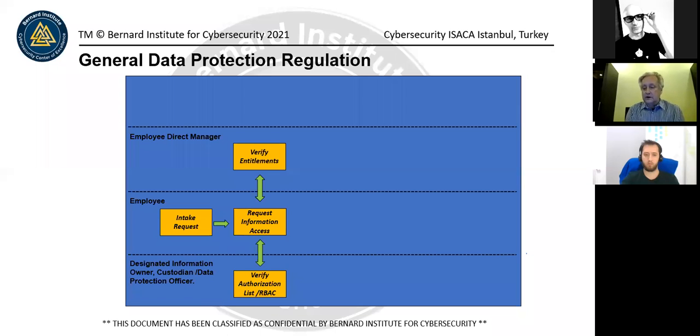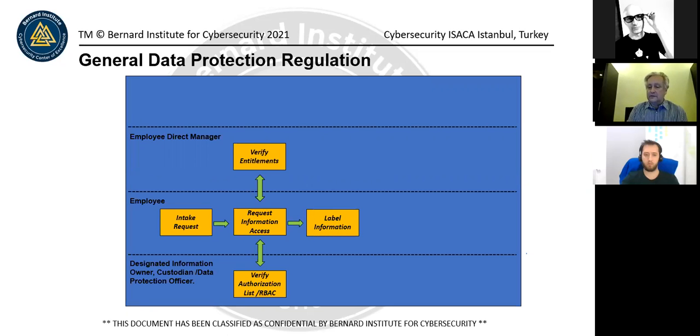Also, they might check with the designated data protection officer to see what they know about who has access to different types of information. I think this is something that the DPO should know. They may even have an authorization list, or there may be a role-based access control defined where they know what groups within the organization have access to those different types of private information within your organization.